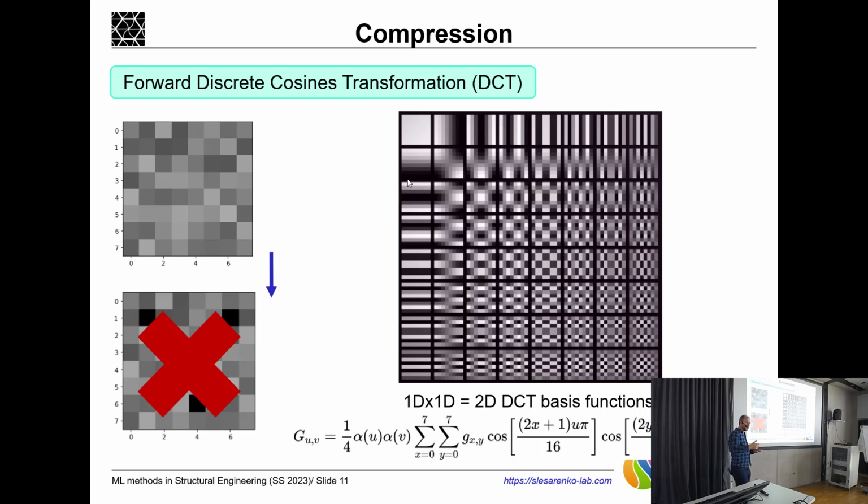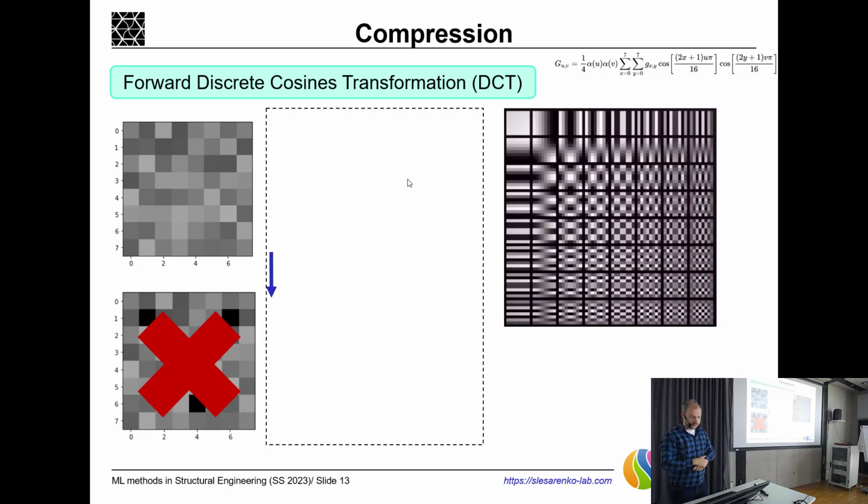It's hard to explain without proper math, but if, for instance, I took the same color everywhere, I would have no representation of these high frequency modes. I would have only the top left corner. So what happens in this case?